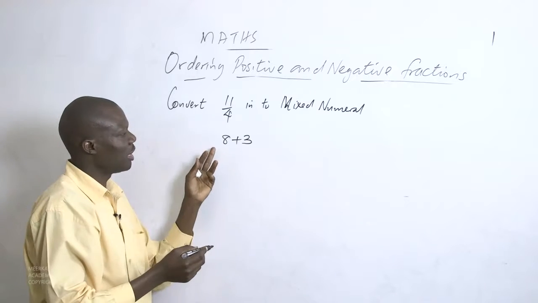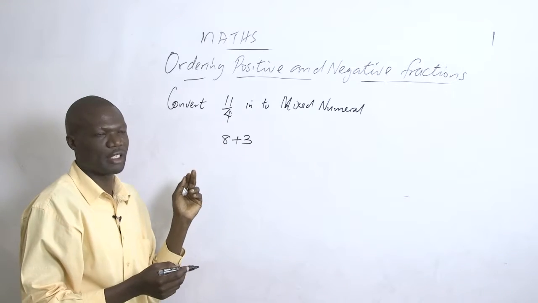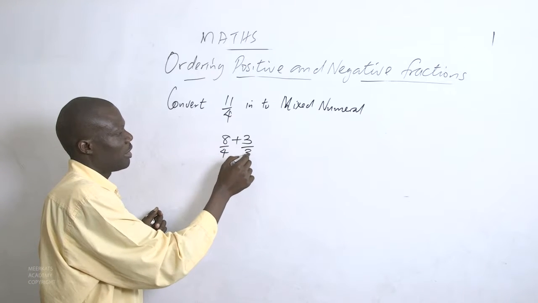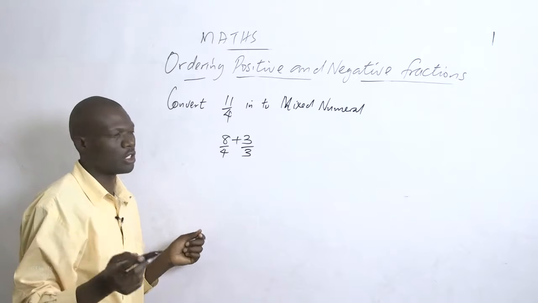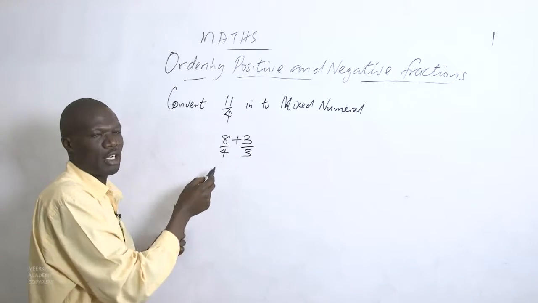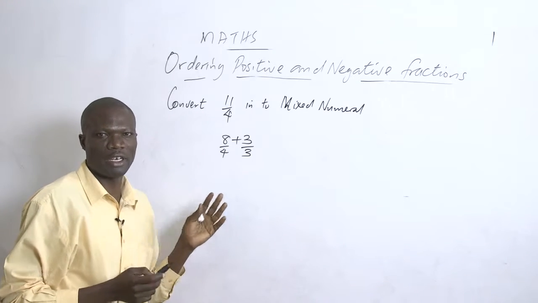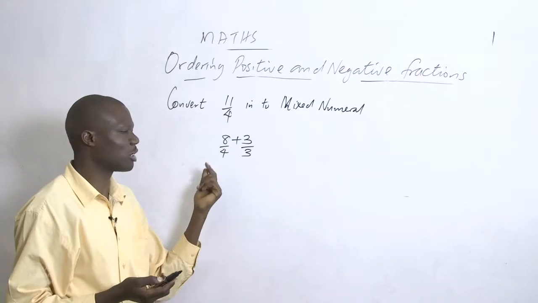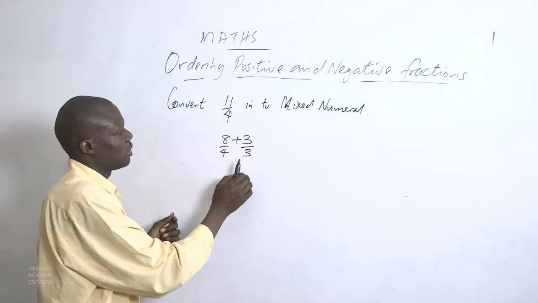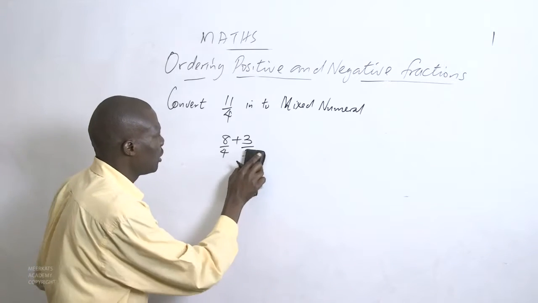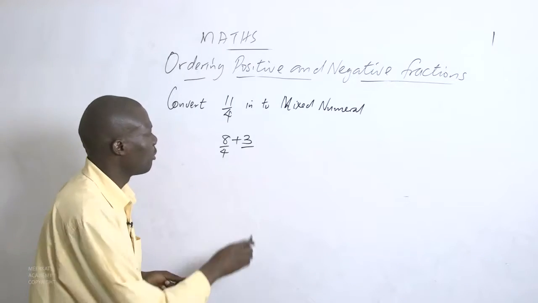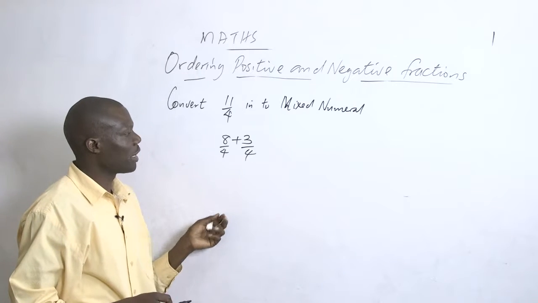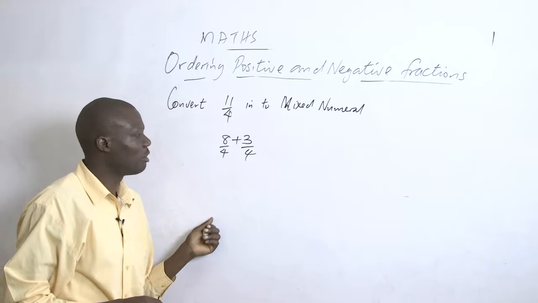So you realize that 8 plus 3 is 11, but because we are breaking it into 8 over 4 and 3 over 4, you'll notice that 8 divided by 4 is divided evenly without a remainder, which implies that 8 is a multiple of 4, but this other part where we have 3 over 4 remains a proper fraction.